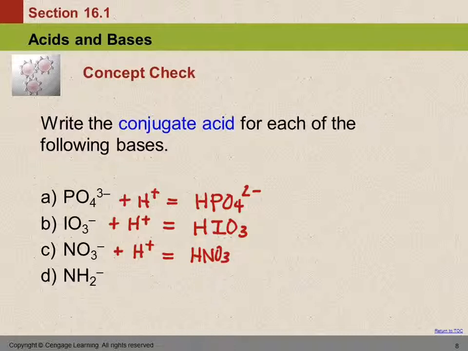NH2- and H+. So if we're just following the pattern we were doing, we end up with that. We go, that looks kind of weird. What might be a better way to write that? NH3.